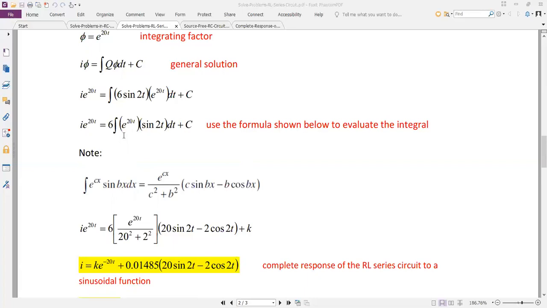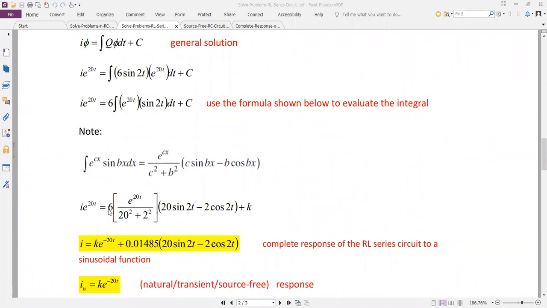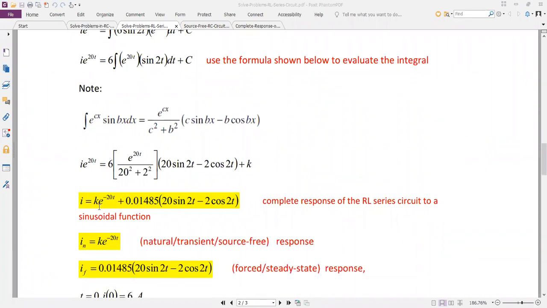So you process this based on the formula, knowing the constants that appear in the arguments of the exponential function and the sine function. If you substitute this formula on the right side of our differential equation, the integral, this will be your answer. But this is not yet your answer because you still have the K. You need to find what this K is.